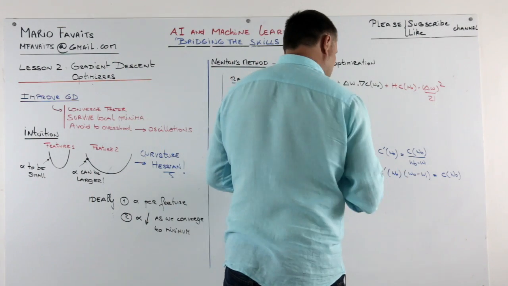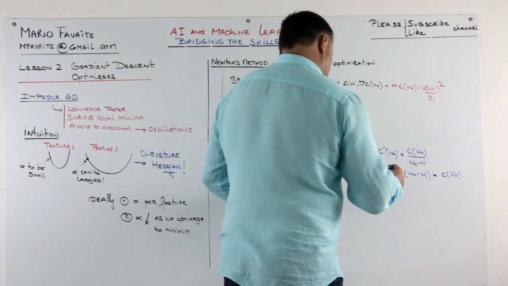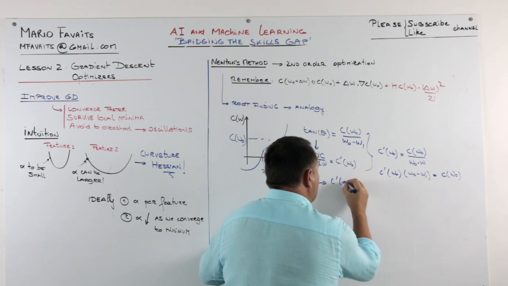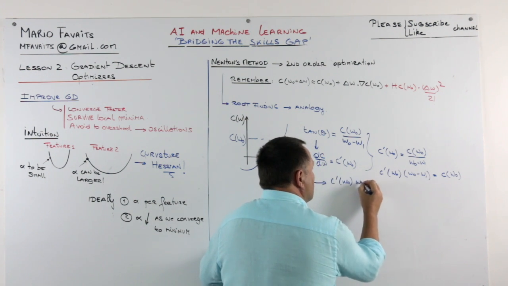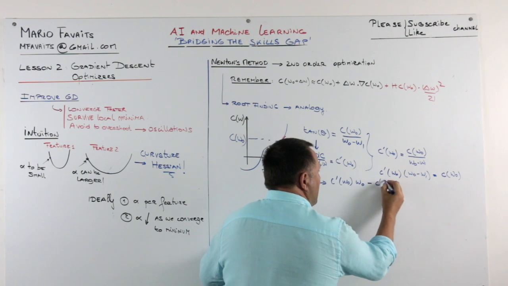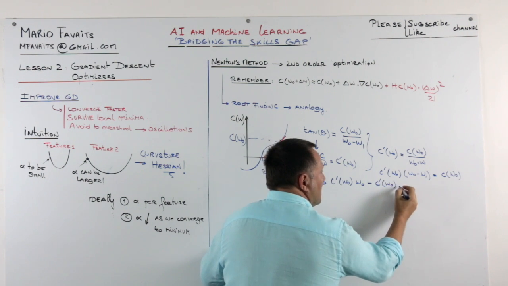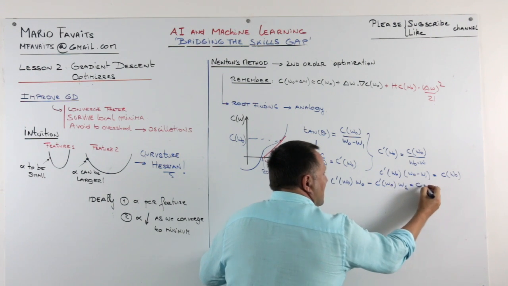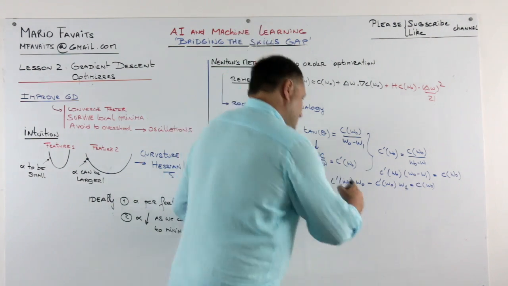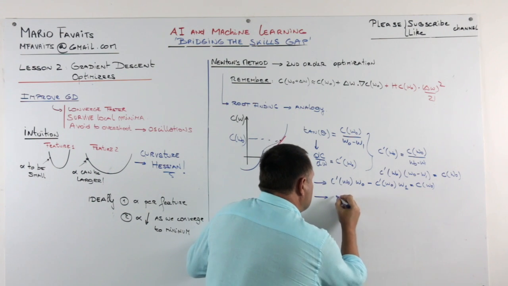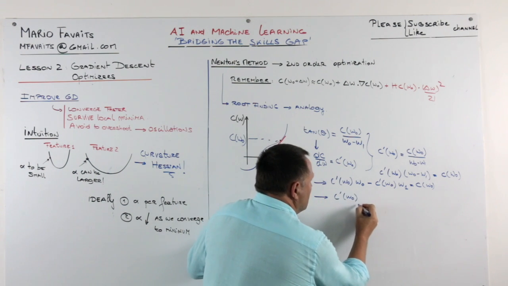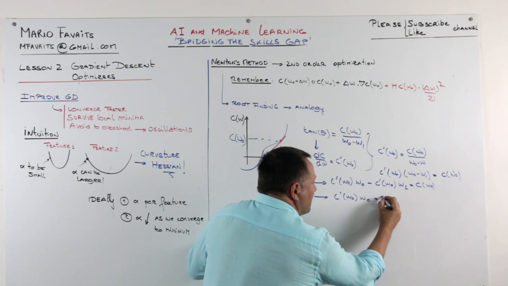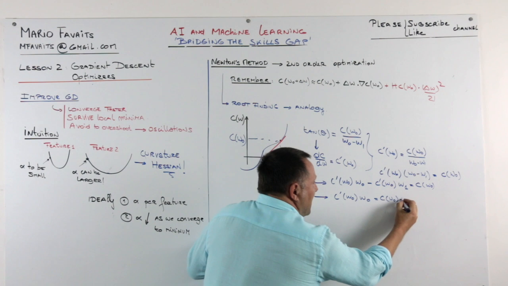Now we're going to work this out. So C prime in W0 times W0 minus C prime in W0 times W1 equals C in W0.